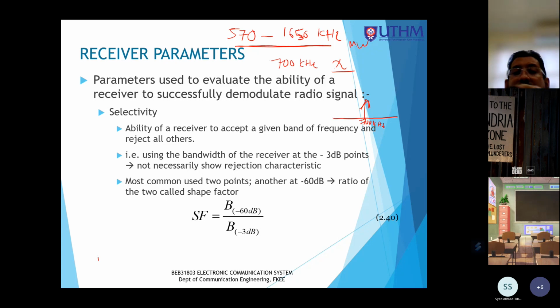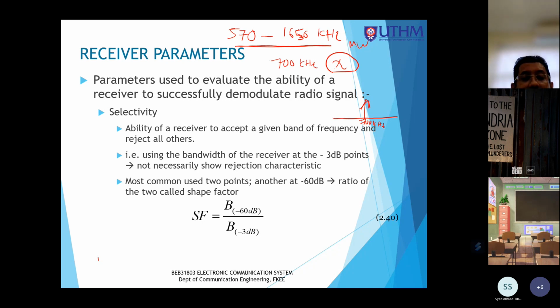Contoh tadi radio X frekuensinya 700 kHz, so saya akan tune supaya center tune circuit itu adalah 700, that means dia akan resonate pada 700 kHz. Barulah kita akan buat proses amplification, filtering dan sebagainya yang kita akan lihat selepas ini.